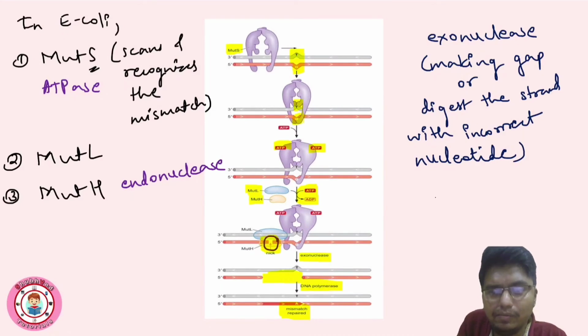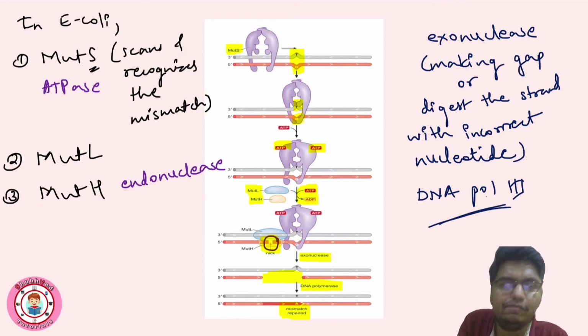And then comes DNA polymerase 3, which we know is for replication. It will incorporate the correct nucleotide. So which exonuclease is being used?